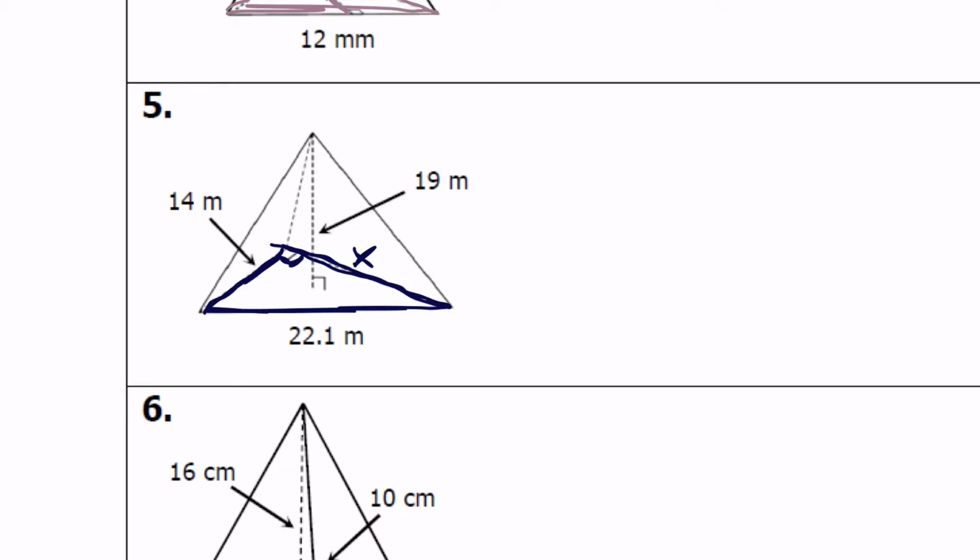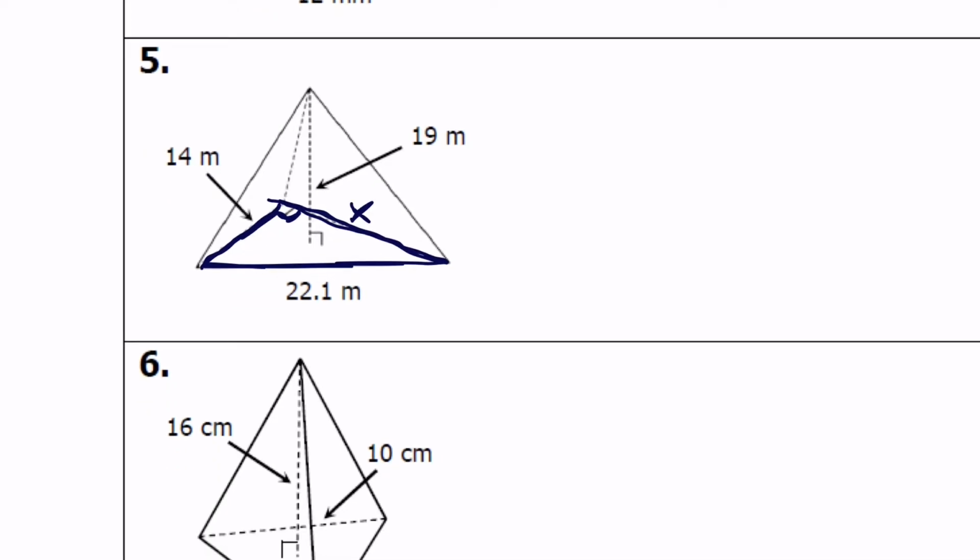I need to find it. Look at what pieces are given. Think about how you can use your hypotenuse and the base, or one of the legs, sorry, to find the area of that base. Once you find the area, then you're able to find the volume. 6 is similar to 5 as well.